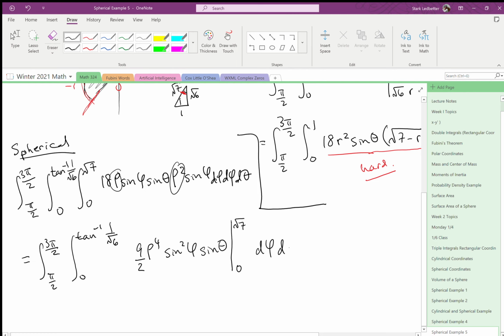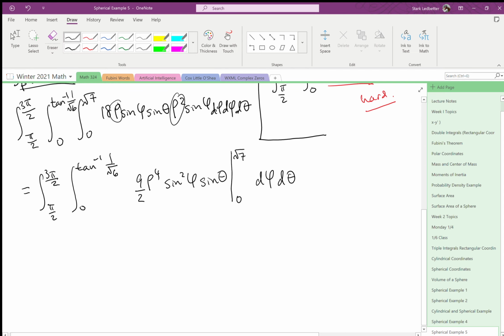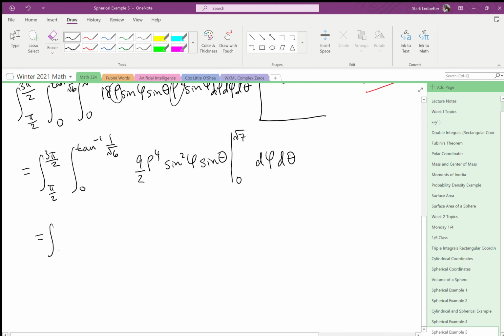We still need to integrate with respect to phi and theta. Okay, so pi over 2 to 3 pi over 2, 0 to tan inverse 1 over root 6, and then putting in root 7, rho to the 4th is actually going to be 49. 9 times 49. Maybe we'll just leave that there, do the arithmetic later.